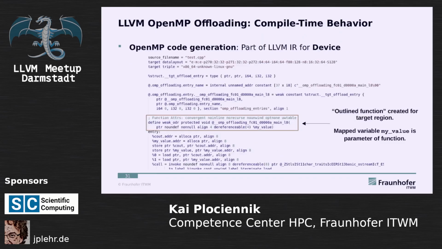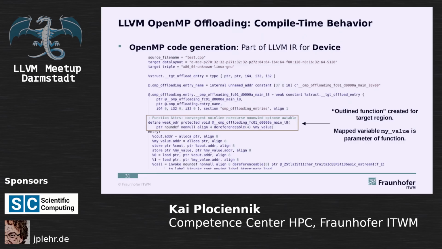For example, if you look at code for the device, this is LLVM IR. That's the intermediate representation, a part of it for the device, for the GPU in this case. What you see here is the result of OpenMP code generation. That's something that's instrumented by the Clang frontend. It takes the source file and generates IR for it. And as you can see, there's a function called OpenMP offloading, and so on, main line 8.